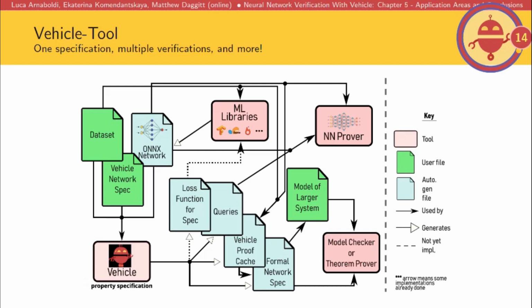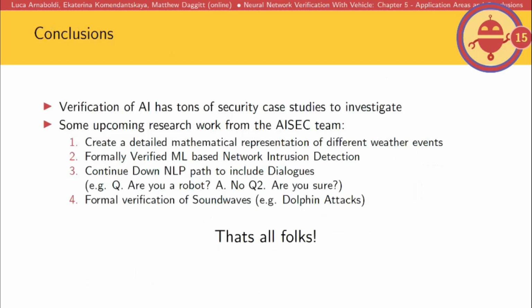I think this is out of date because this arrow now exists, so apologies for that. I just want to summarize by saying Vehicle allows you to properly specify, and it's a central point for any engineer, any person who is interested in this area, or becomes interested after talking to us today, to start here, and then we can go to pretty much anywhere you want across these application areas that I realize I've skipped over very quickly, but I'm conscious of time.